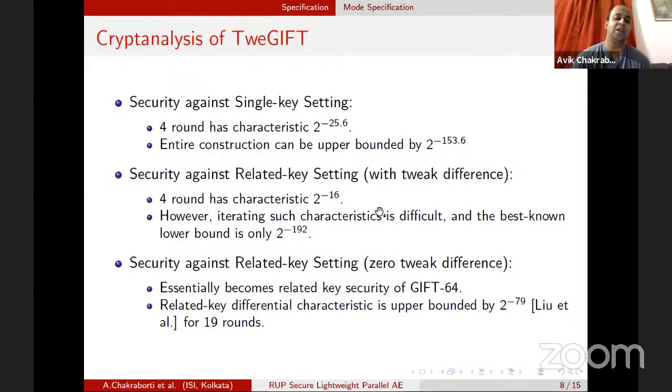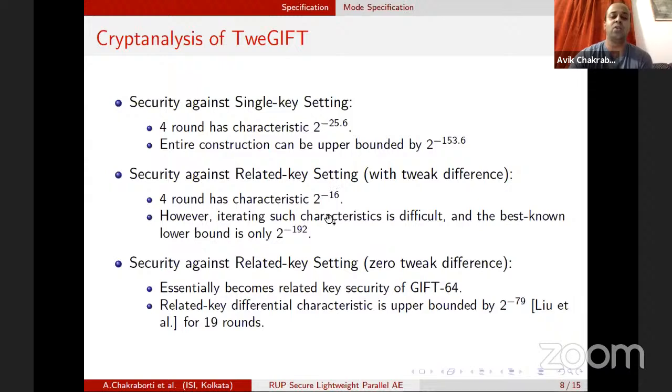Now coming to the security against related key setting with tweak difference. What we actually did: GIFT64 has 28 rounds, and we are leaving the first 2 and the last 2 rounds, and dividing the intermediate 24 rounds into 6 cores, where each core is 4 rounds. We found that each core has a characteristic of 2 to the power minus 16, so overall the upper bound of the characteristic will be 2 to the power minus 96 because there are a total of 6 cores.